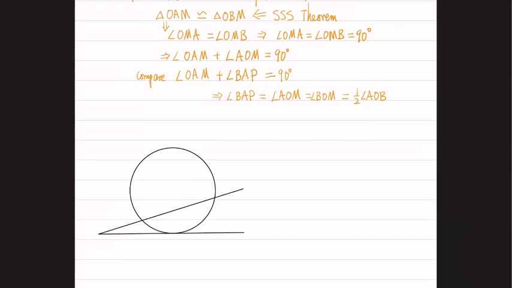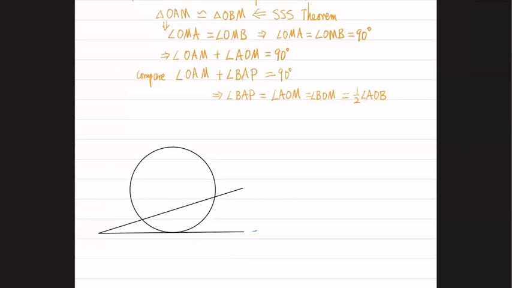Okay. We call this one a tangent, or a tangent line. We call this one a secant, a secant line. Secant means cut. You can see this line cuts the circle into two parts. A cut line.